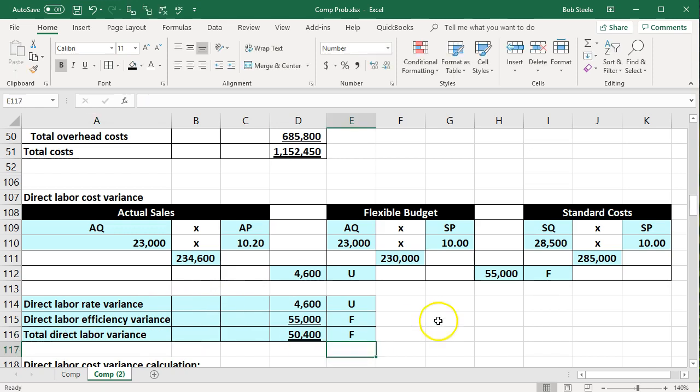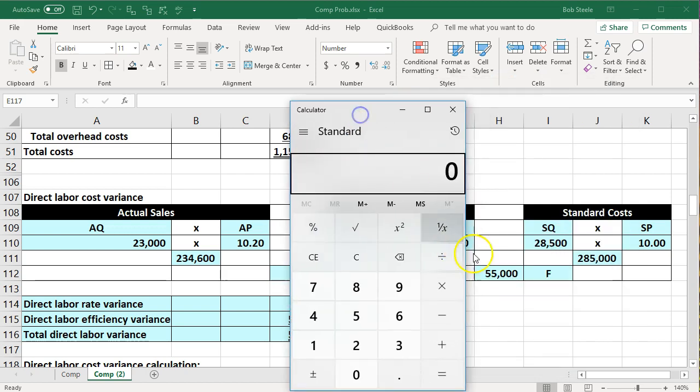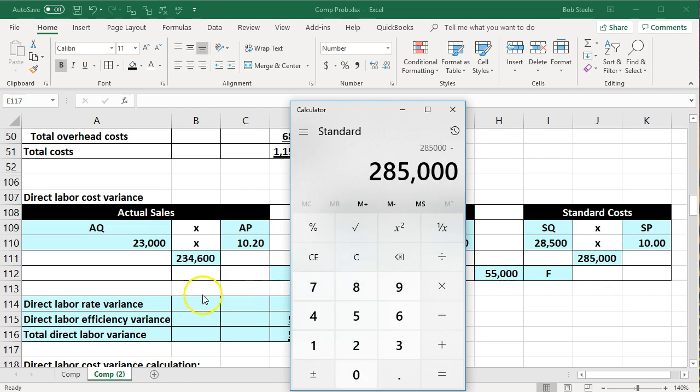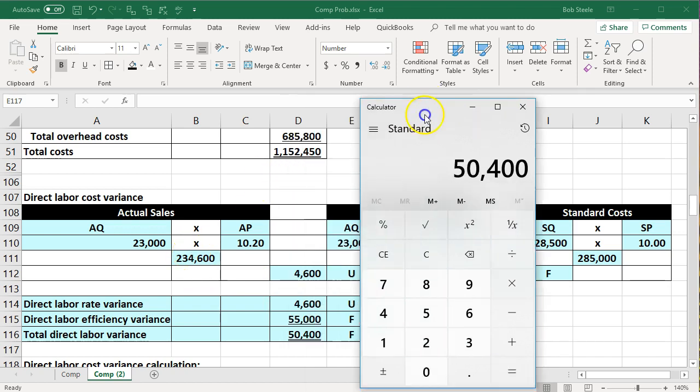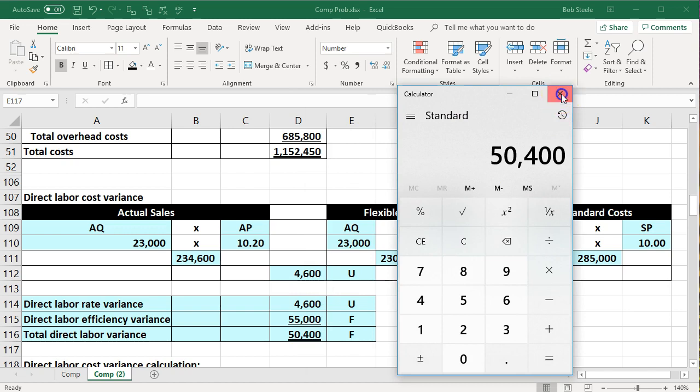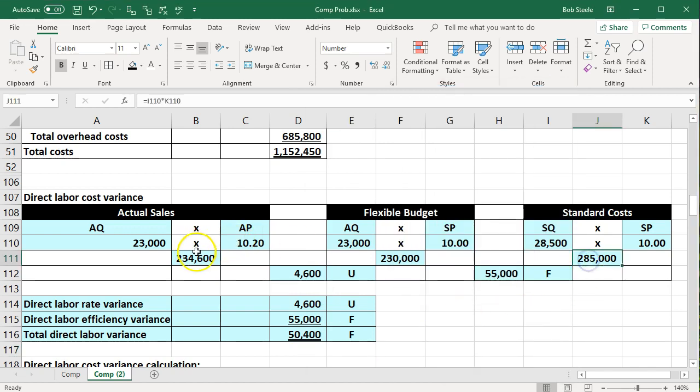And once again, of course, that's the same as saying if we were to take the total amounts here, 285,000, missing a zero, 285,000 minus the 234,600, that's going to be our 50,400 here as well. So here's our total difference. Here's us breaking it out between the labor rate variance and the efficiency variance.